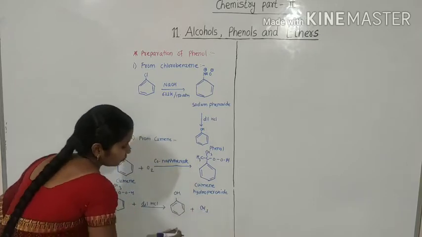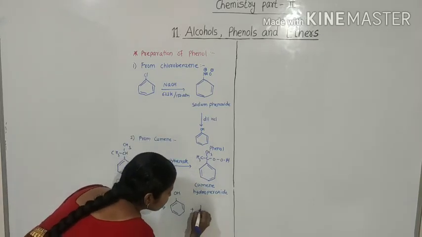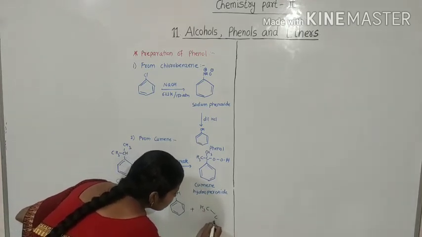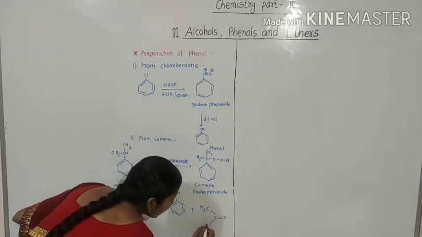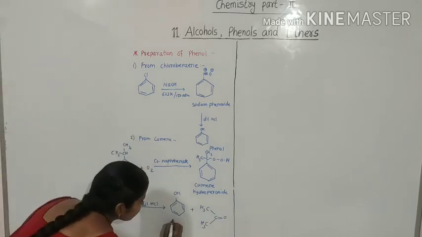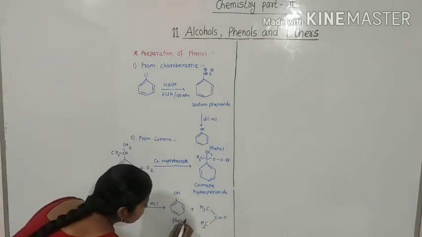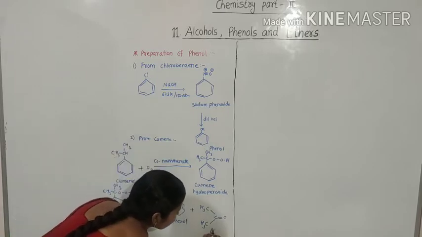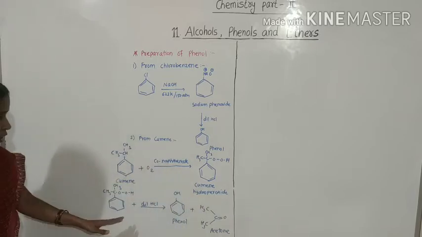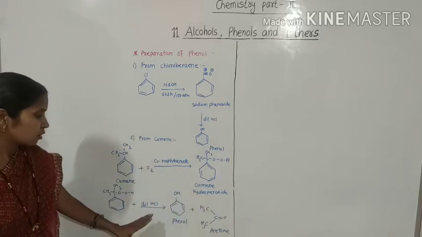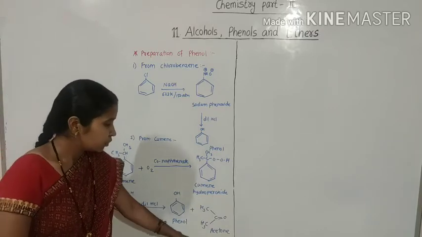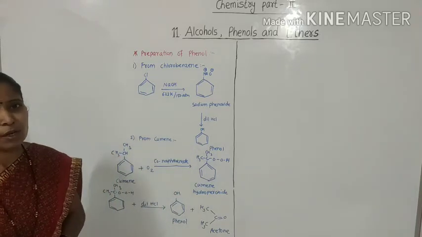Acetone is CH3-C double bond O-CH3, and here is phenol. So this cumene hydroperoxide on decomposition with dilute HCl gives phenol with acetone as a valuable product.